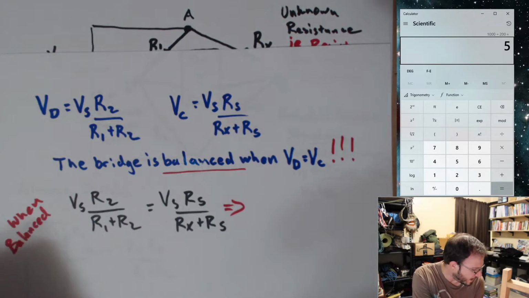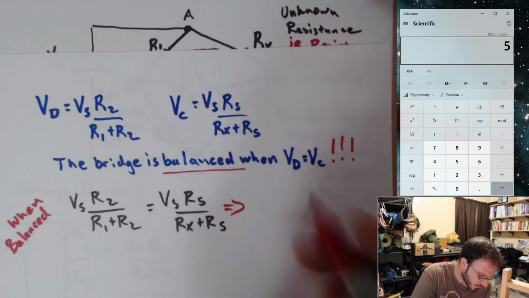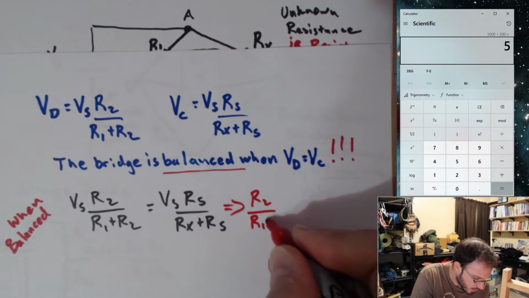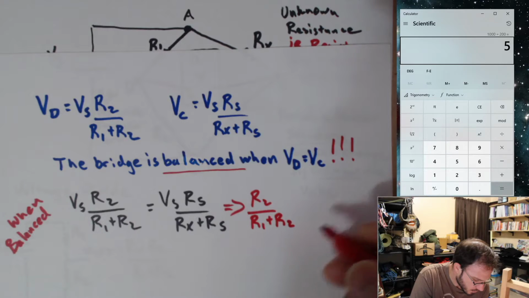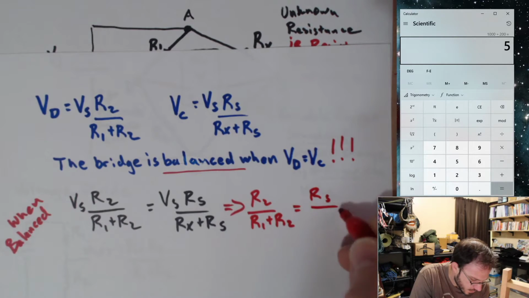We're going to get R2 divided by R1 plus R2 equals Rs divided by Rx plus Rs.